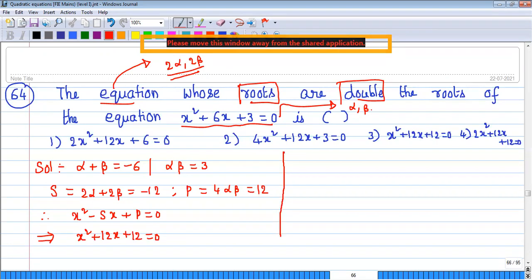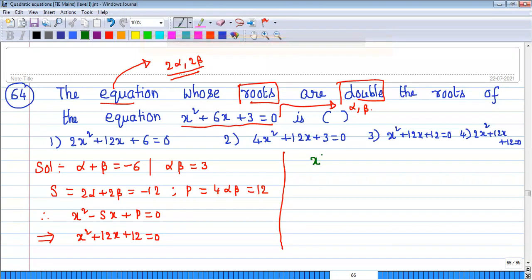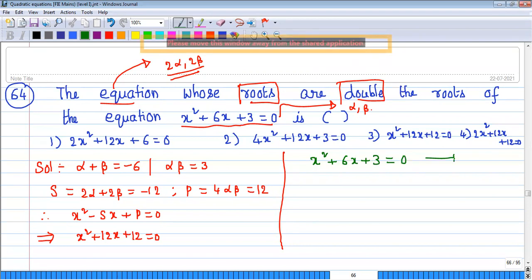This is one method. Here, what is the given equation? The given equation is x square plus 6x plus 3 equals 0, whose roots are alpha comma beta. We need the equation whose roots are 2 alpha comma 2 beta.